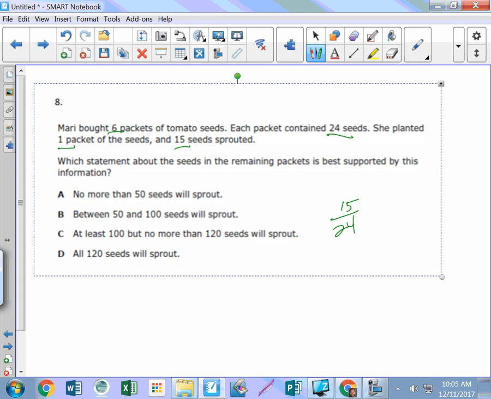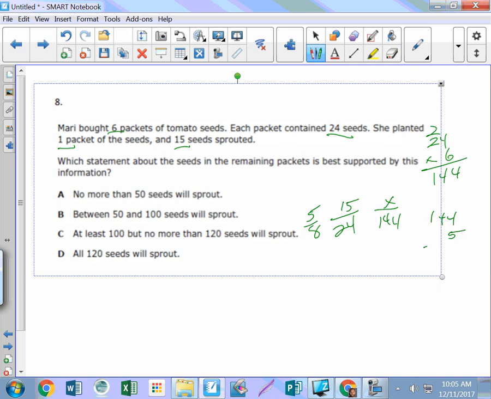So no more than 50 seeds will sprout. So if you have 6 packets, we need to see 24 times 6 is, let's see, 144. So with that probability out of all those seeds, we can reduce this by 3. That's 5 over 8.